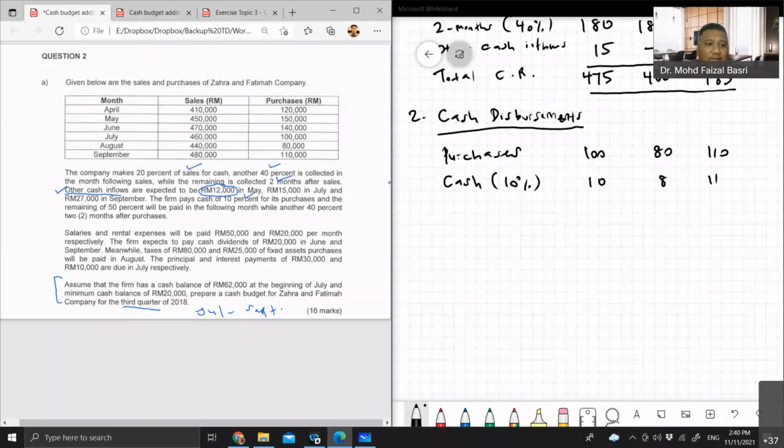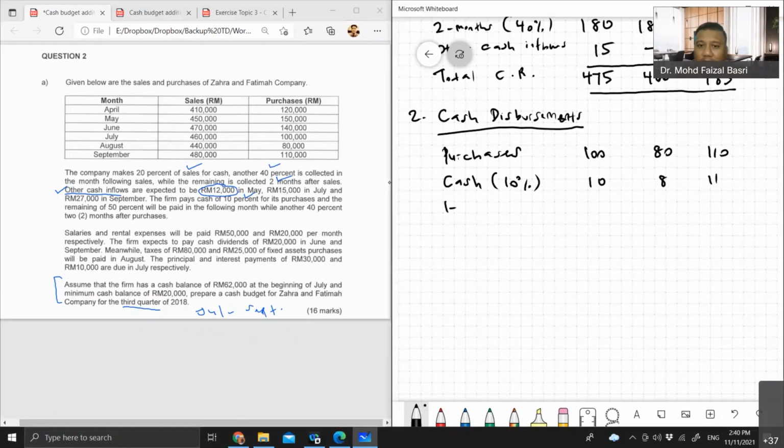Next, the remaining 50% will be paid in the following month. Again, they have a 1 month delay of payment, and this 1 month later is 50%. Similar approach like sales. If the company purchases its raw material in July, 10% they pay immediately, and 50% will be paid 1 month later.